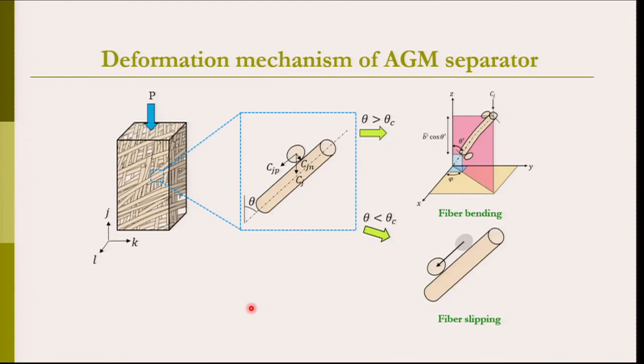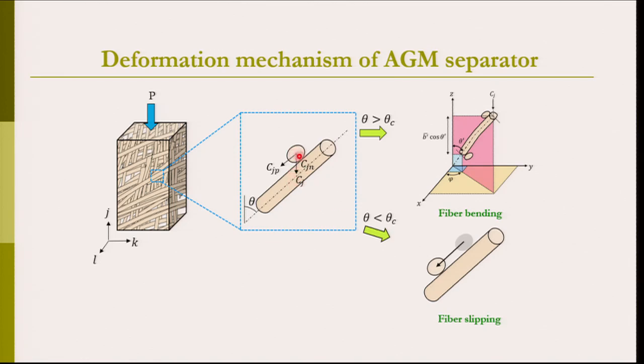Now we are going to look at the deformation mechanism of the AGM separator specifically under compression load. Let us say the compressive stress P is applied to the AGM separator. This compressive stress would be translated to the fibers, and let us look at the cross section of these fibers. We have just shown a couple of fibers here, and Cj is the average force acting on a fiber-to-fiber contact.